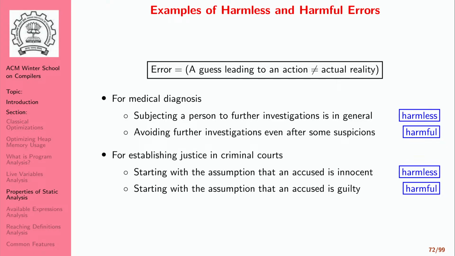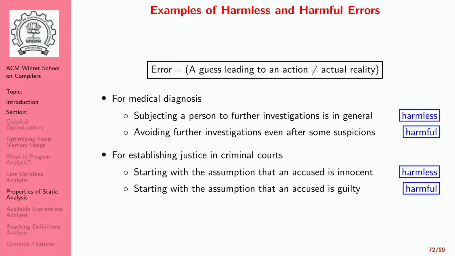Maybe after doing the x-ray, the doctor says, actually there is no problem. That's harmless, assuming the x-ray doesn't harm you too much. For example, for pregnant ladies, an x-ray would harm. So in some situations there may be an error, but that error may be harmless. On the other hand, avoiding further investigations even after suspicion, that could be a harmful error, right?